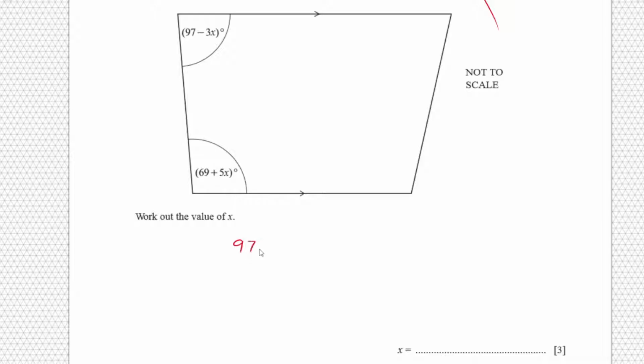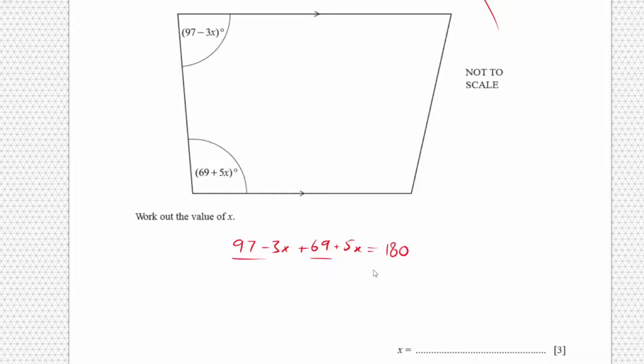97 minus 3x plus 69 plus 5x. Since we're adding everything, we don't really need the brackets in this case. Even if you do put the brackets, you can remove them. It wouldn't make any difference. 97 plus 69. Oh, actually, all of that equals 180.